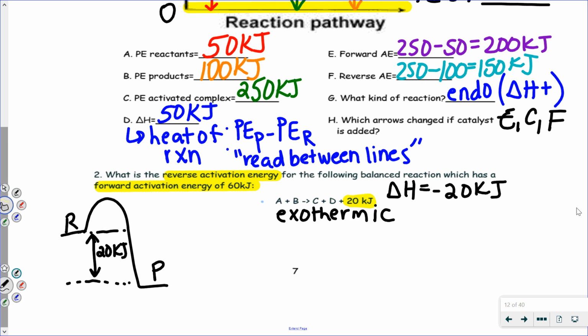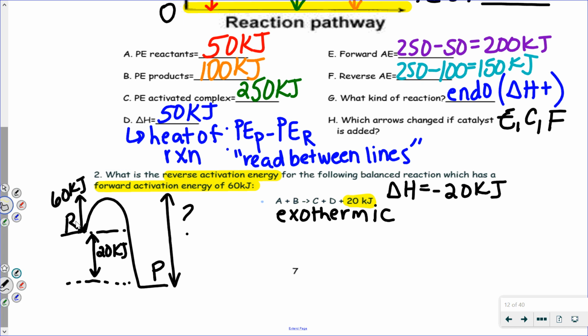They also tell us that the forward activation energy is 60. Okay, remember activation energy from my reactant to the top of the curve is 60 kilojoules. And they want to know what is the reverse activation energy, which would be from my product to the top. So notice, they give me the delta H, which is this portion between the product and the reactant.